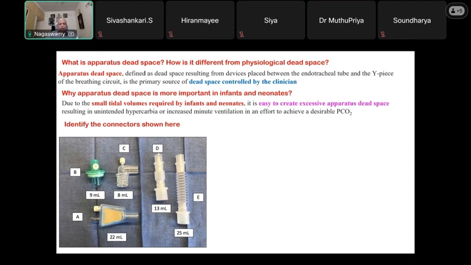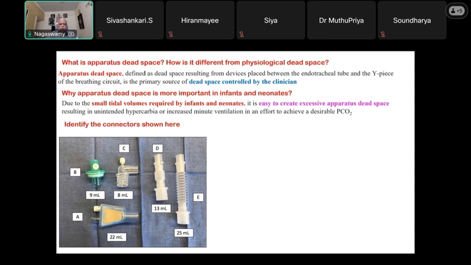And D and D, are they both the same or different? Same, sir. What is the difference? The connected tubings are extended, sir. So this is a collapsible connector. You can expand it by stretching it out.